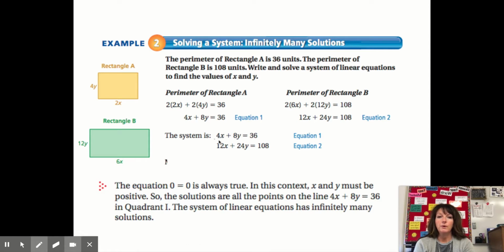So with this system, let's go ahead and do elimination. We just reviewed substitution, so let's do elimination. Let's say we want to cancel the x's. Let's multiply by -3.